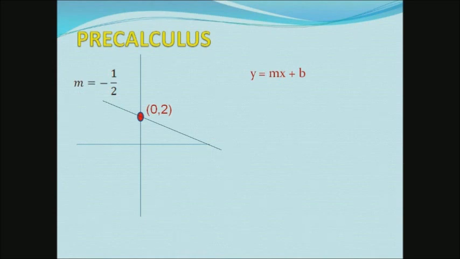So we have the equation y equals mx plus b, that is our slope-intercept form. All we have to do is to simply substitute the values of m and the y-intercept to our slope-intercept form. And we will have y equals negative 1/2 x plus 2.